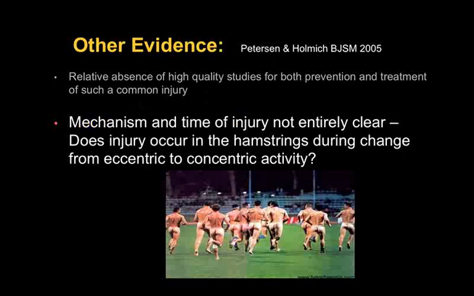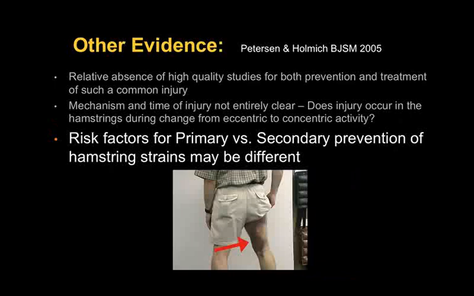Mechanisms and time of injury are not entirely clear with hamstrings. Does the injury occur in the hamstrings during a change from eccentric to concentric activity? Risk factors, primary versus secondary prevention of hamstring strains may be different, first-time injury to recurrent injuries.